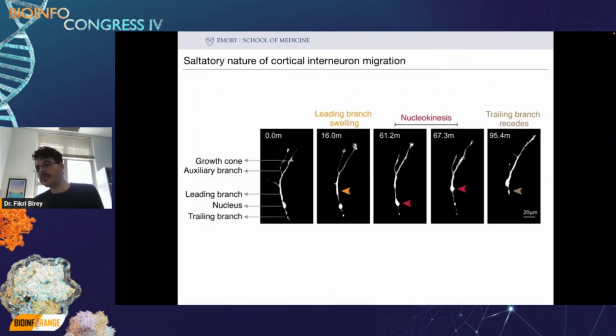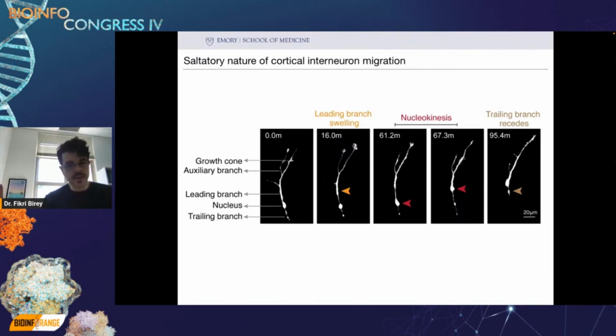interneurons. And I just want to put a side note here and explain the way that these interneurons move, which is quite stereotypical, that has been described in mouse in great detail, where based on the directional cues that they receive from the environment, this leading branch stabilizes towards the direction of the forward movement.